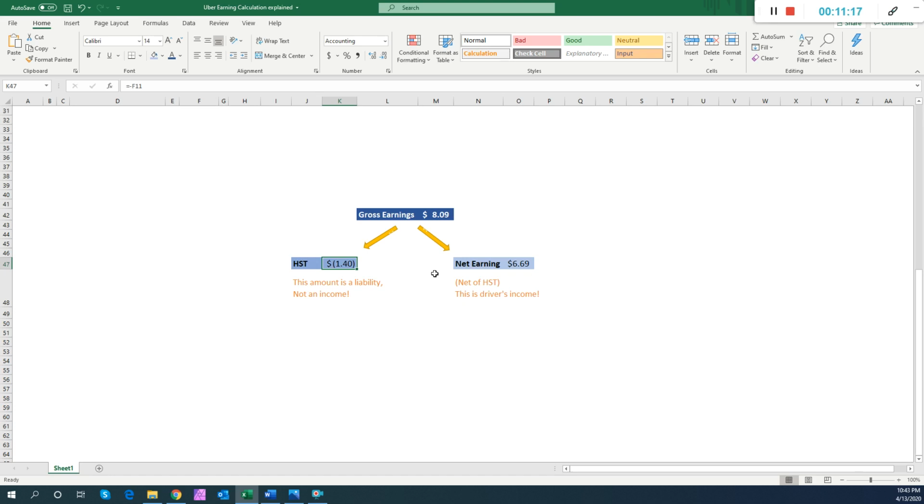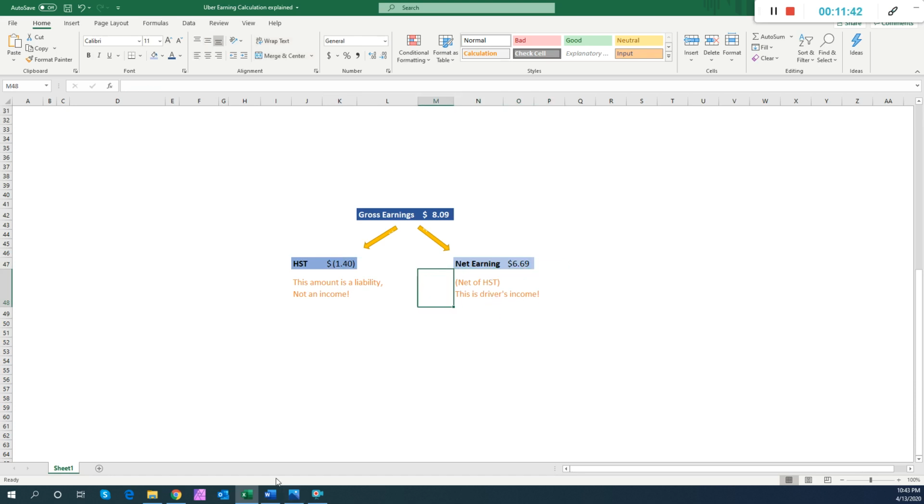You already have the amount on the side, and you can just take the payable amount from there and pay it to CRA. If there is still some left in your savings account, take that as a refund. So your net earning, your income from this ride, was $6.69 net of HST. This is the driver's income.